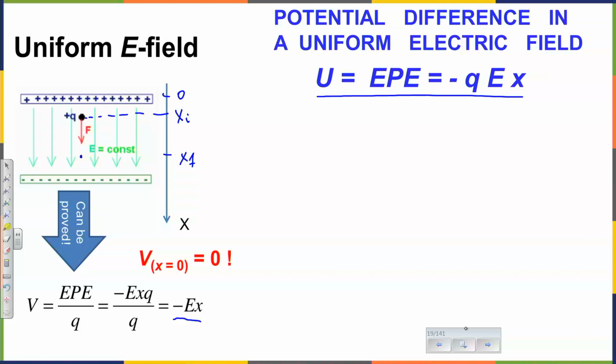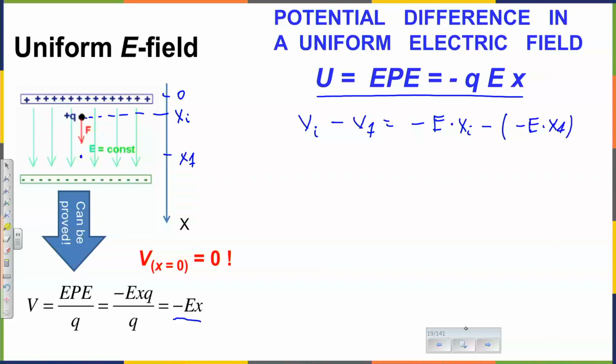Normally we set x equals 0 where potential is 0, or we set potential 0 at x equals 0. And in this situation, if we want to calculate this difference, V initial minus V final, that should be equal to E times x initial minus E times x final, since V initial equals this times x initial, and V final equals this times x final.